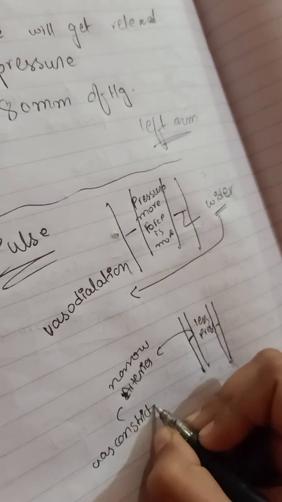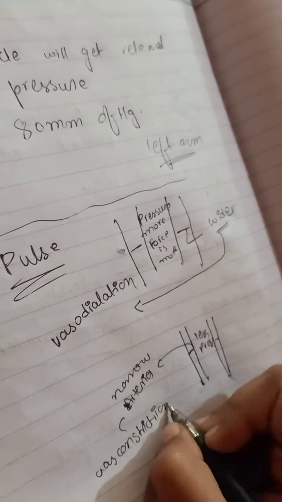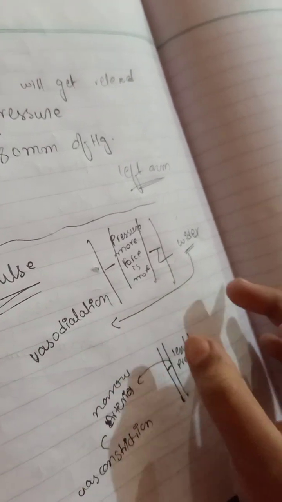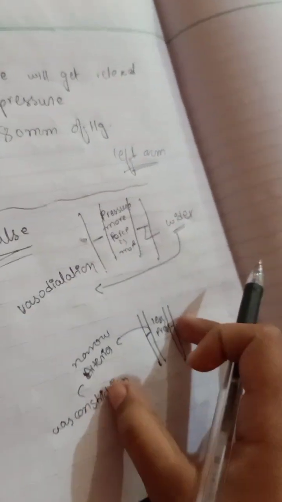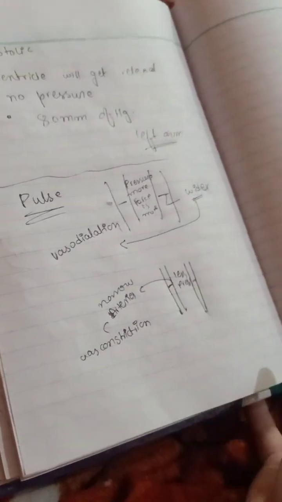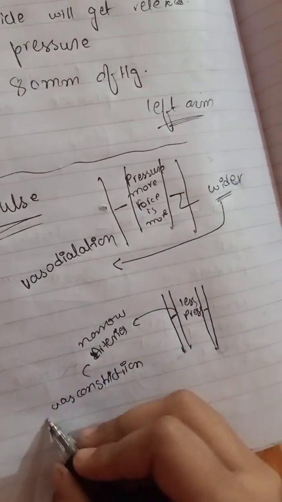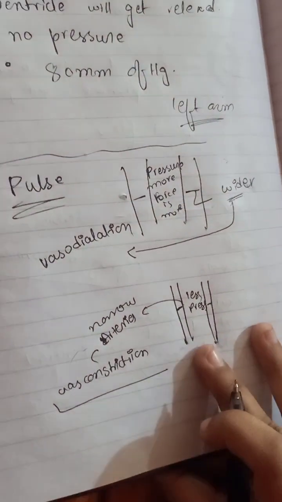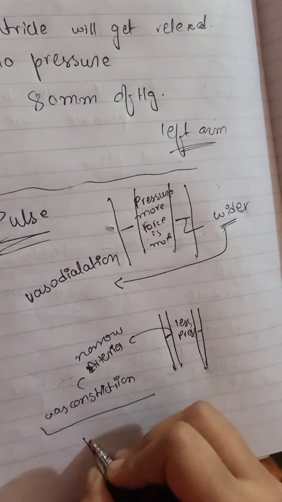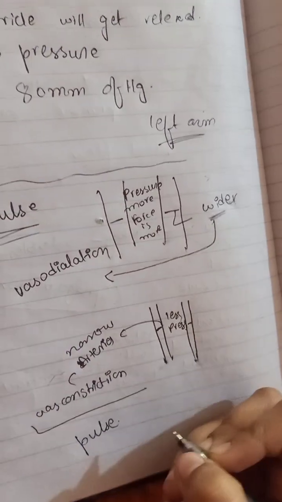So the change in the structure of the arteries, wider and narrow, we call vasodilation and vasoconstriction. Both of these together are called the pulse.